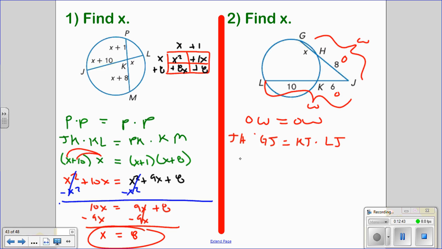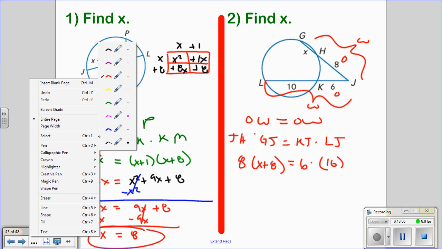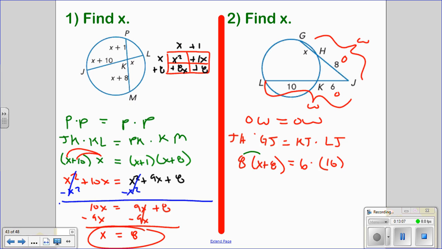All right, so that would be 8 times x plus 8 for the whole thing, since one part is x, the other part is 8. KJ is 6 times the whole thing, which is 16, because 10 plus 6 is 16. So now you have to distribute the 8 into the parentheses, giving you 8x plus 64, and then multiply 16 and 6, and you get 96.